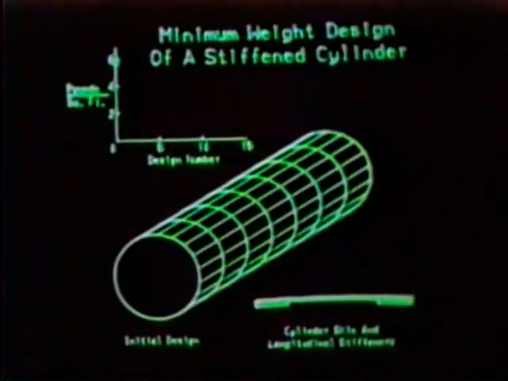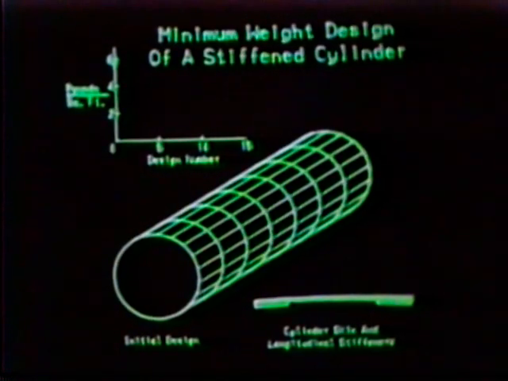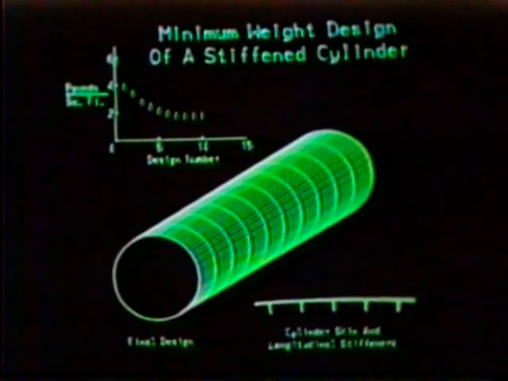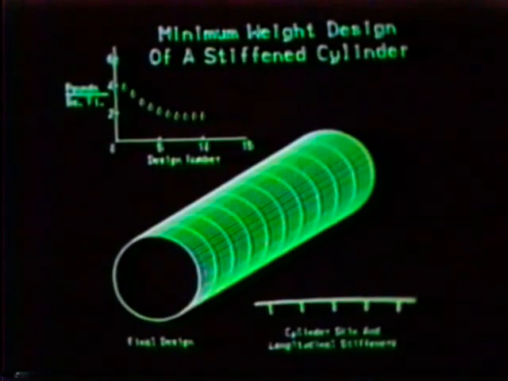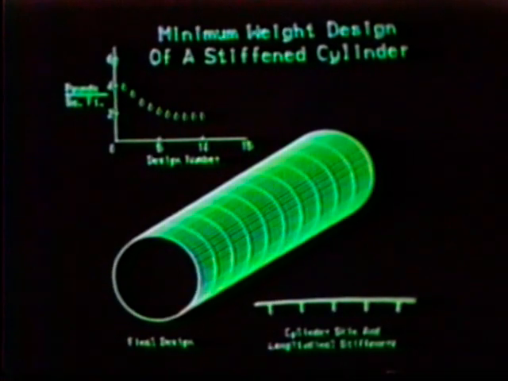For comparison, we shall review the initial design. The final design is appreciably different from the initial one. It weighs less than 1/3 the initial design, and its stiffeners are thin and close together.